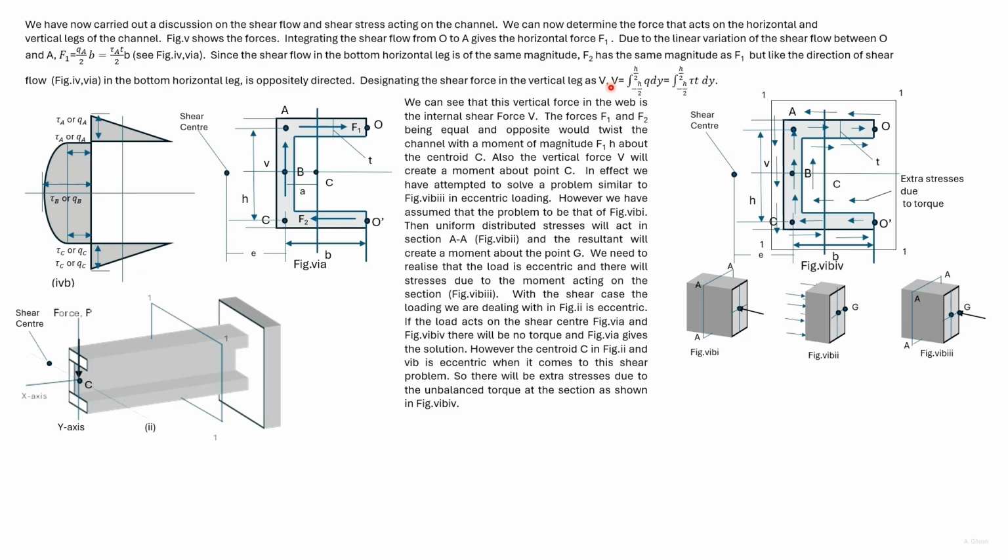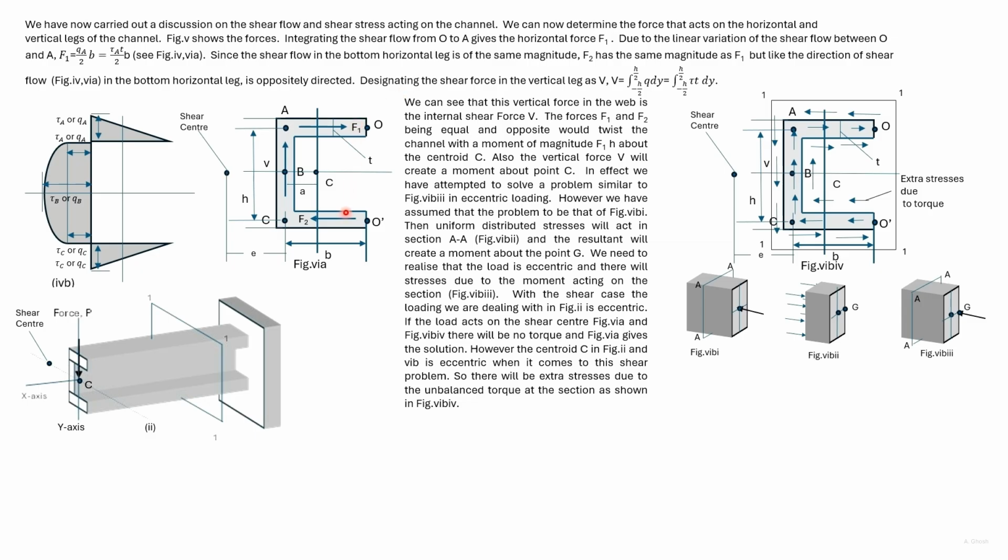So V is equal to the integration of q dy with limits minus h by 2 to plus h by 2, or tau P dy with limits minus h by 2 to plus h by 2. From these two forces, we see there's no net horizontal force acting on the section. There is a vertical force V acting on the section.